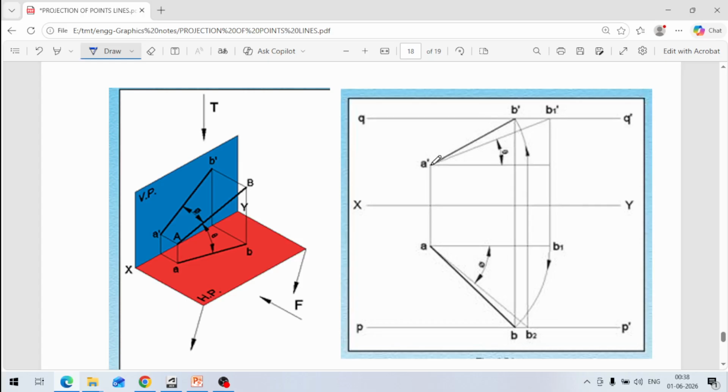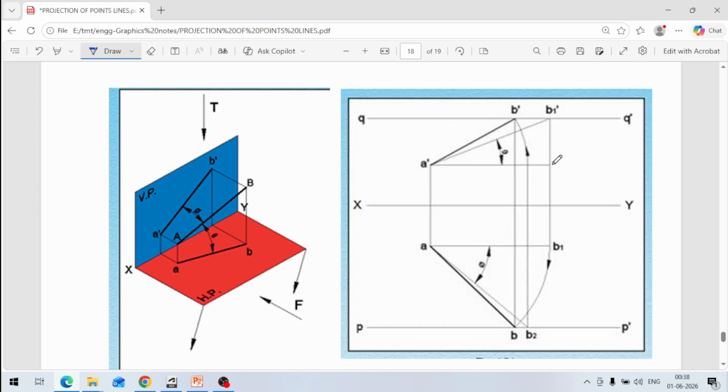Whatever the true length is, take it, and from that point you draw a horizontal line like this. B dash 1 is the point with the true length here. Then this horizontal line we draw like this.